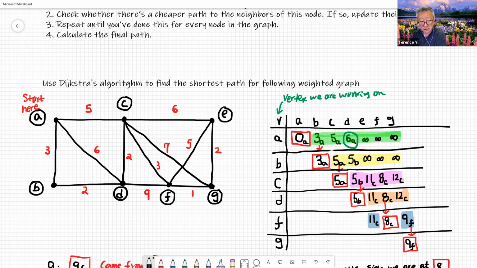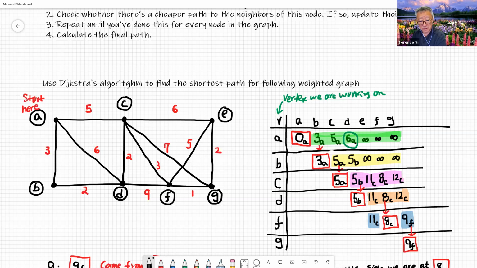The other path we can take is A to C, then C to F, that's 8. Then F goes to G, which is 9. Then G goes to E, 11, but the same thing, right? 11 and 11 is the same thing, so we don't really gain anything.